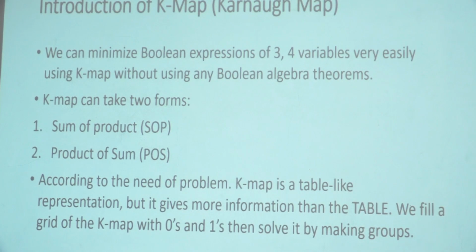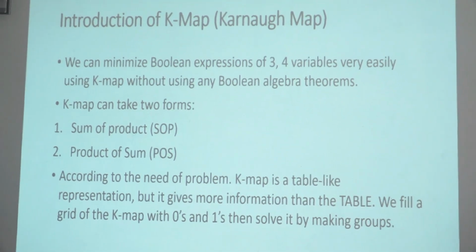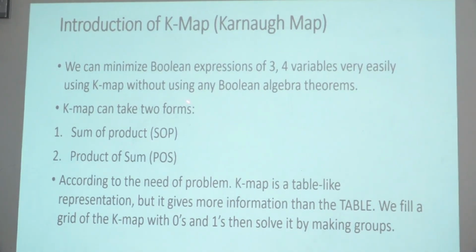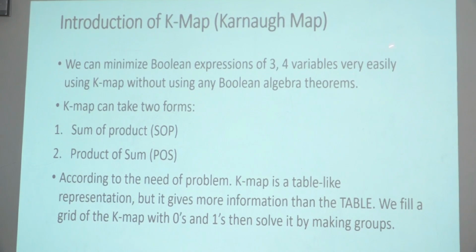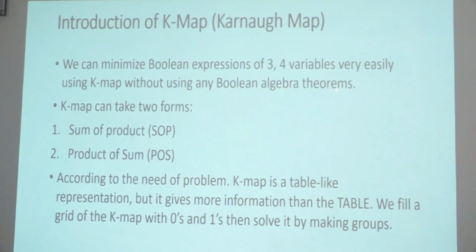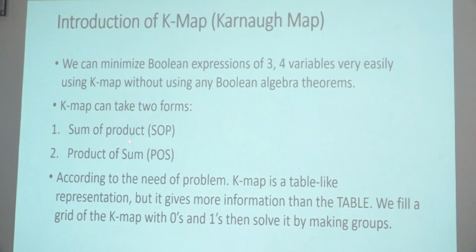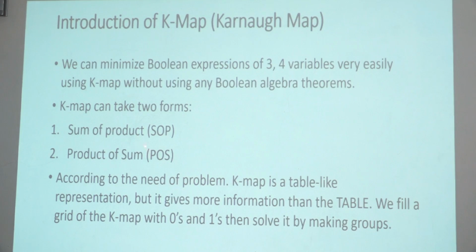Okay. So let me give you a quick recap of what we already discussed in the last session about K-maps. We have seen that we can minimize Boolean functions of 3, 4, 5 variables easily using K-maps without any knowledge of Boolean algebra theorems. We have also seen that K-maps can take 2 forms, one is sum of products and the second one is product of sums.